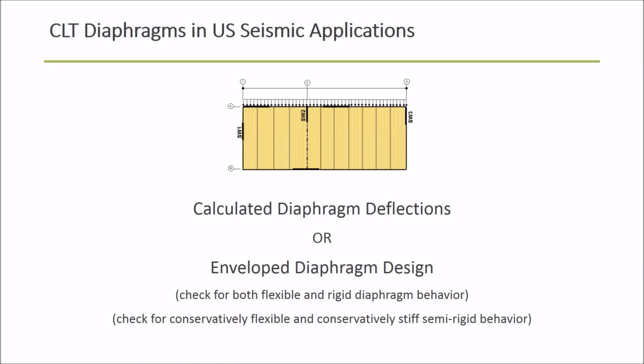The IBC and ASCE 7 give us prescriptive ways to assign many buildings to flexible or rigid automatically. But obviously those prescriptive ways of assigning something to flexible or rigid don't apply to a CLT diaphragm. So one of the fundamental aspects of CLT diaphragm design is, is it rigid or flexible? Can I classify it as one of those?